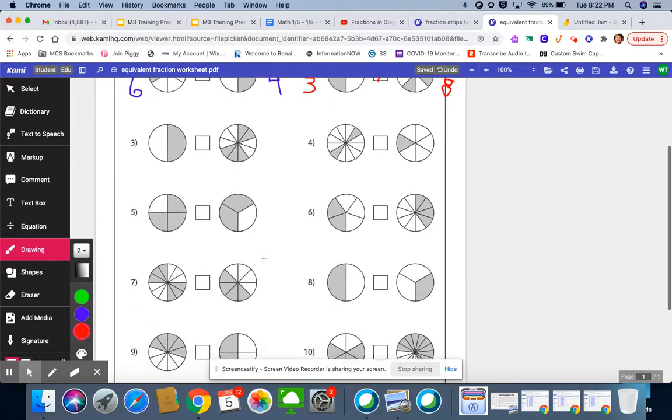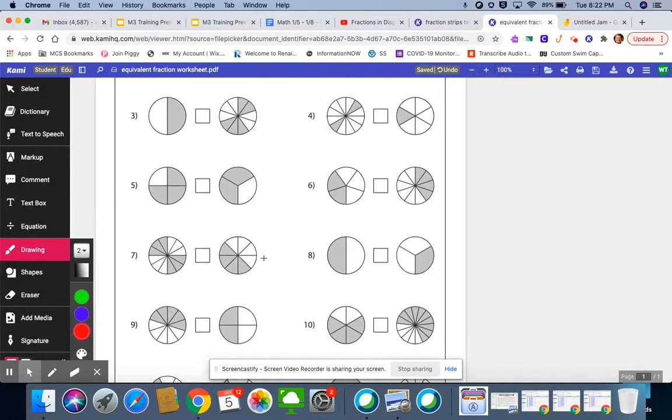What I want you to do is go through the rest of these. Actually, let's just do the next four, 3, 4, 5, and 6, and go over those using your slips of paper to check and see what your answer would be.